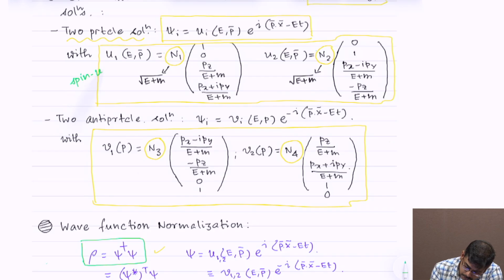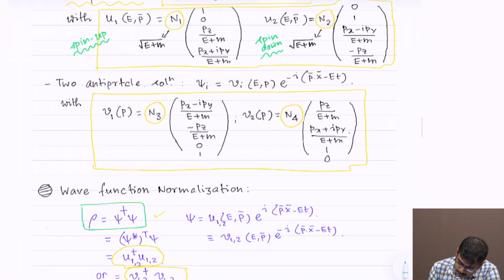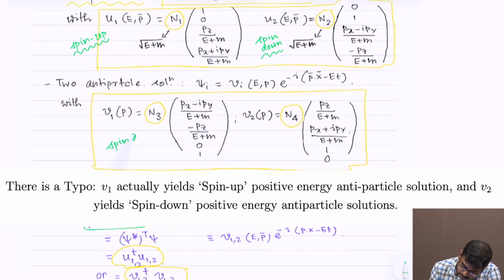I am going to talk a little more about the spin up and spin down nomenclature in the next lecture, because we will see that there is a bit of a problem in doing so, but for the time being we are simply adhering to the nomenclature that we have defined. So, V1 corresponds to a spin down solution, and V2 is a spin up solution.